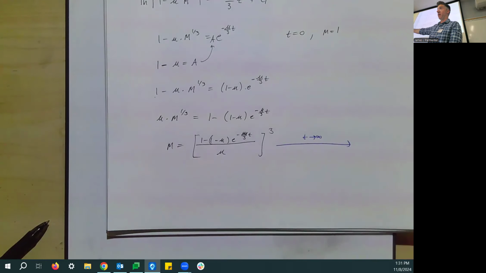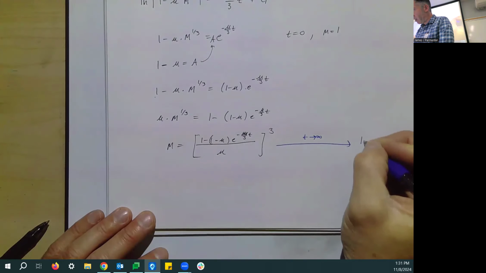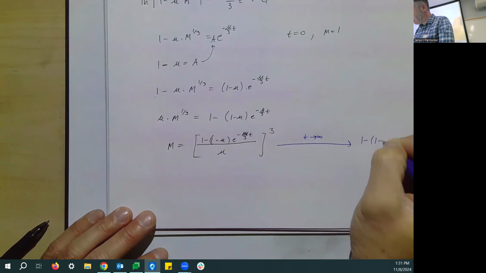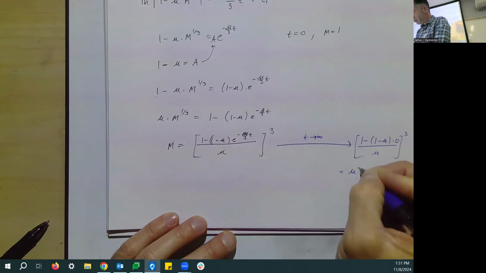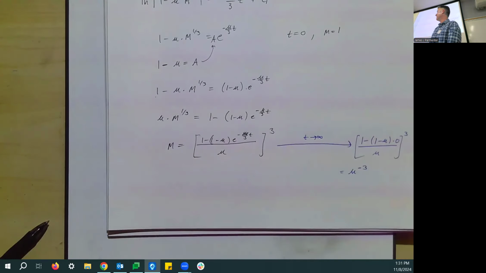If you think about the graph of e to the x, it goes to 0 as x goes to negative infinity. So you're going to get 1 minus mu times 0 all over mu cubed. So I think you should get 1 over mu cubed, or mu to the negative third. Yeesh. I don't love that.